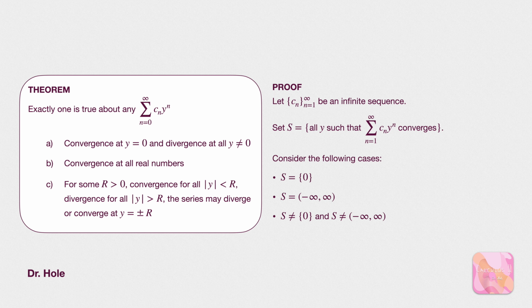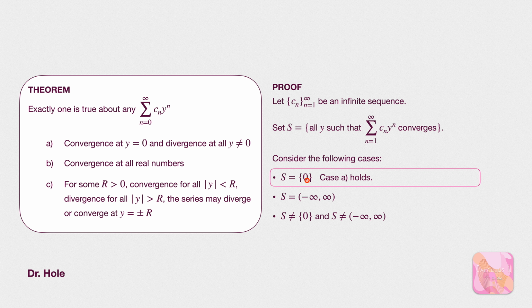There's the possibility that S is just the value 0, y equals 0. But note that under that situation, that means that the only place where this series converges is at the center. S, by definition, is all values such that the series converges.